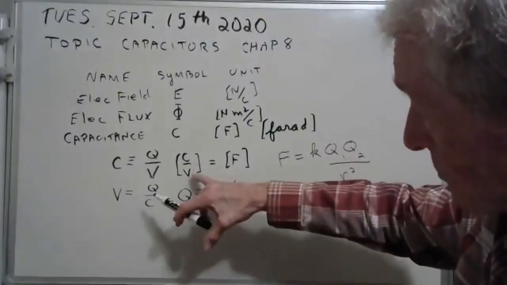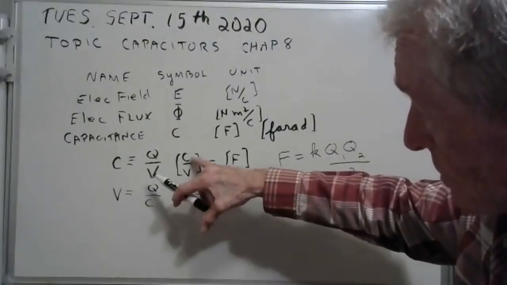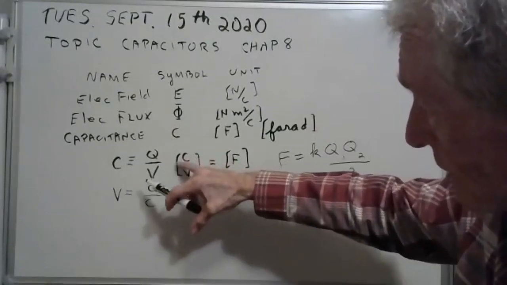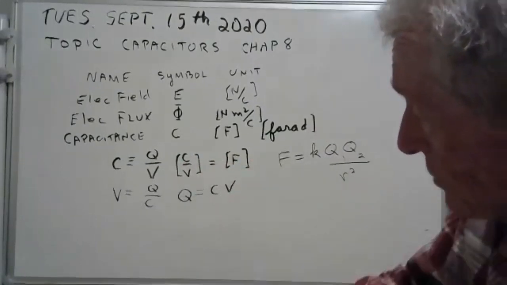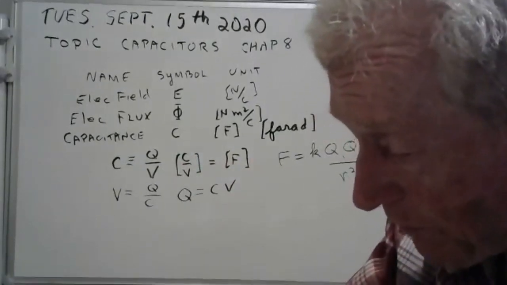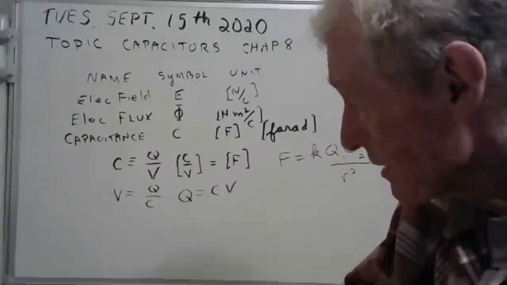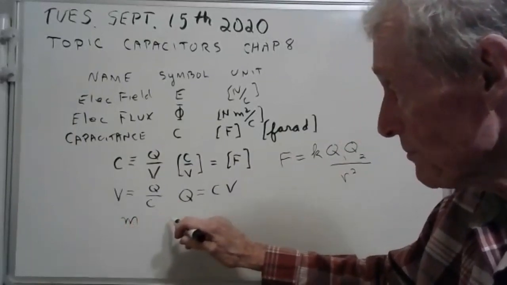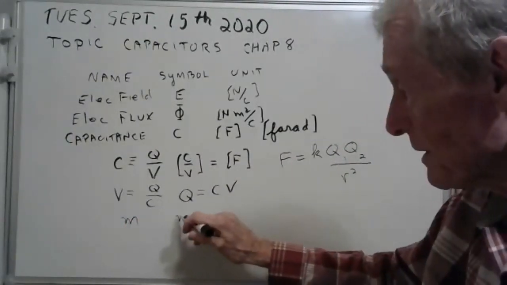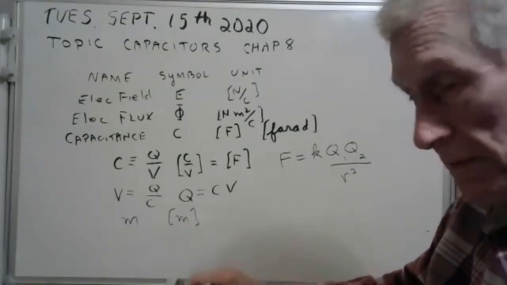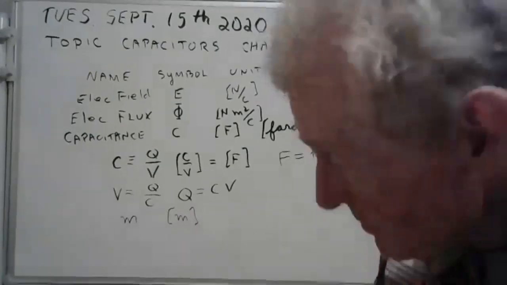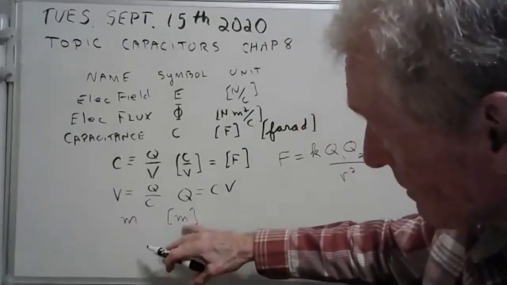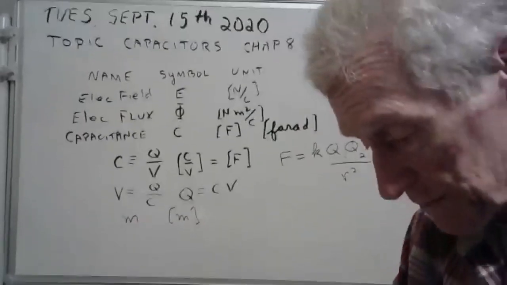Volts are units, coulombs are units, farads are units, and if you put them in brackets, you won't get mixed up, hopefully. Another one you can get mixed up is M and M with brackets. That M stands for mass, but that M stands for meters.